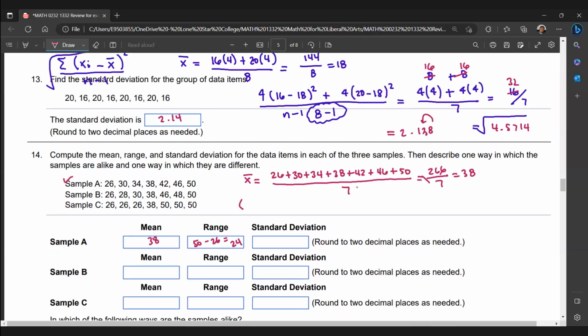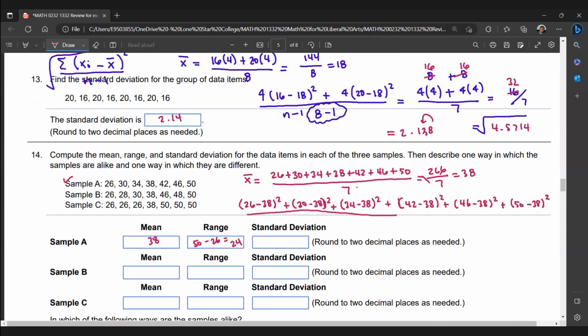That is going to be 26 minus 38, quantity squared, plus 30 minus 38, quantity squared, plus 34 minus 38, quantity squared, plus 42 minus 38, quantity squared, plus 46 minus 38, quantity squared, plus 50 minus 38, quantity squared.